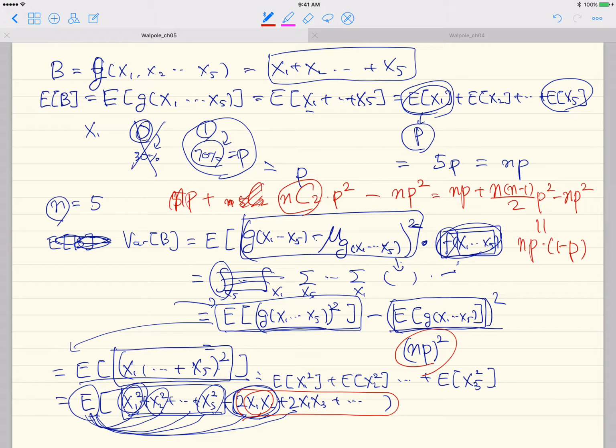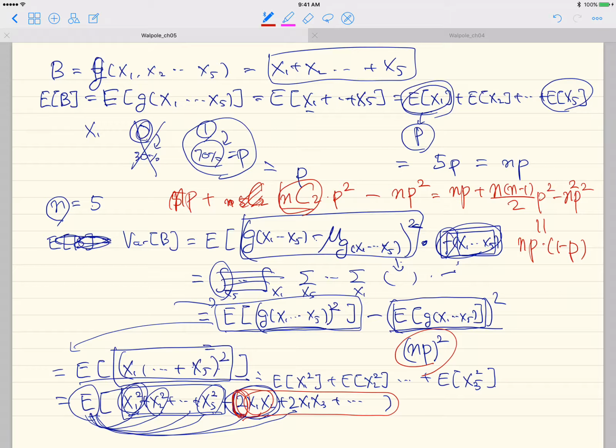Somewhere I made a mistake, I guess. Where is it? Ah, okay. Here we should have n squared p squared, right? I made another mistake here. We originally had these two, right?